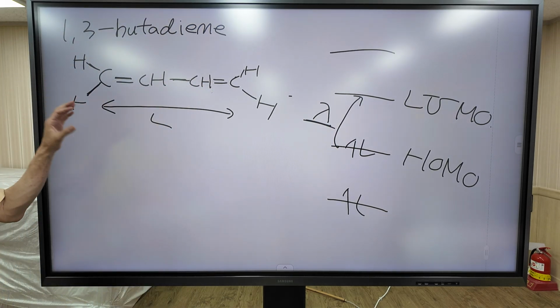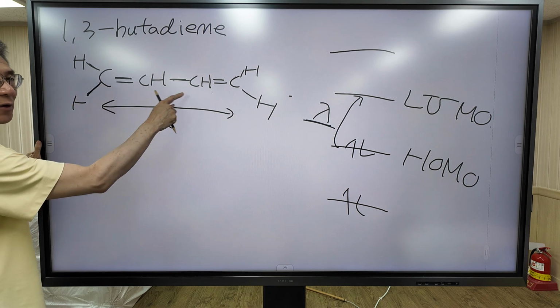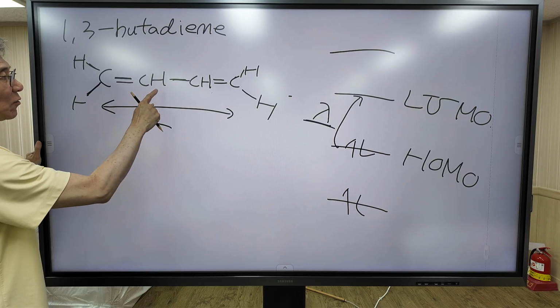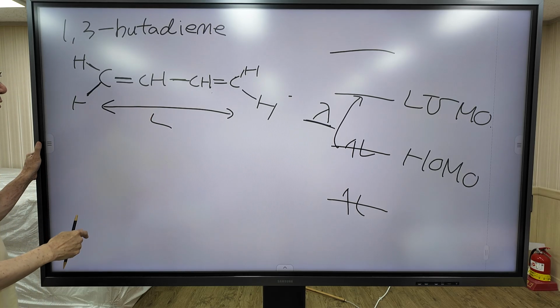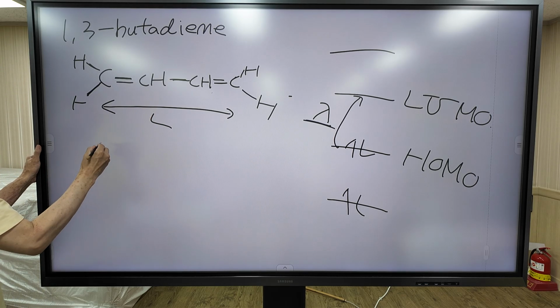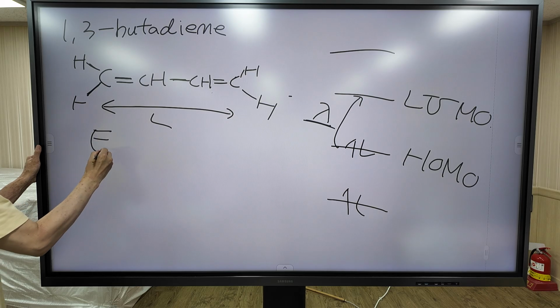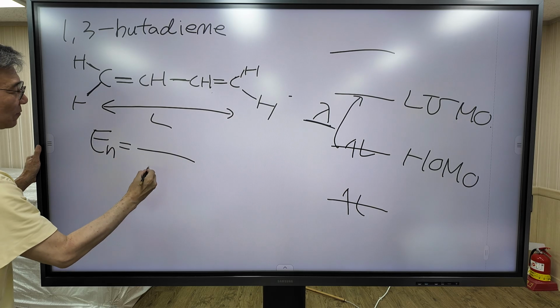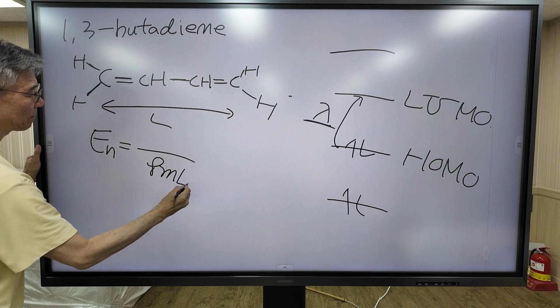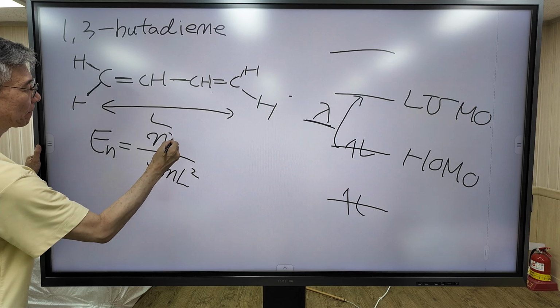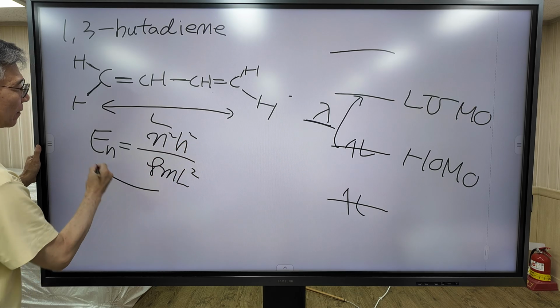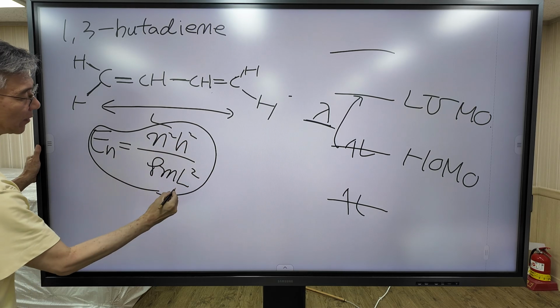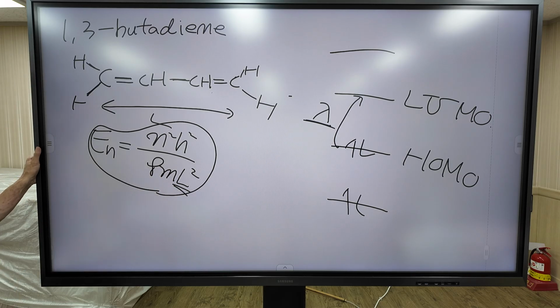We can explain this observation using a particle in a box model. We can consider the electron in this molecule as a particle in a one-dimensional box. According to quantum mechanics, the energy of electron in a particle in a box is equal to, the energy level depends on 1 over L square.